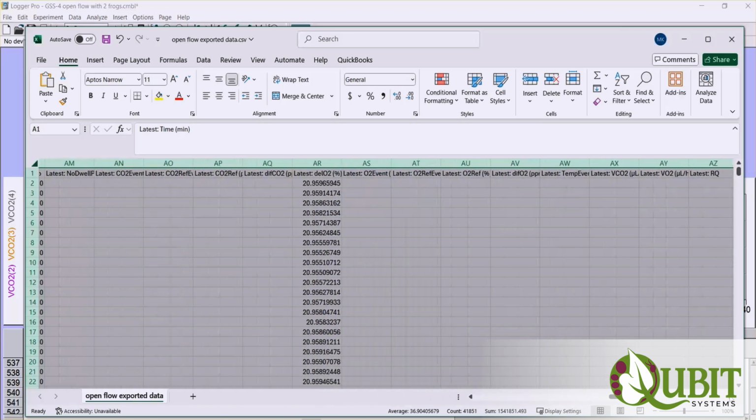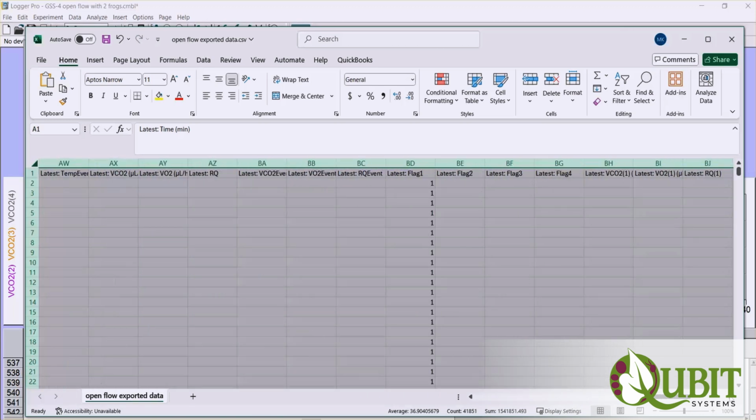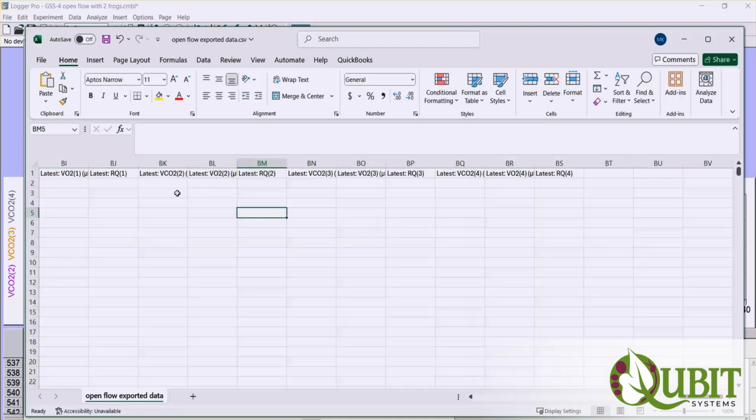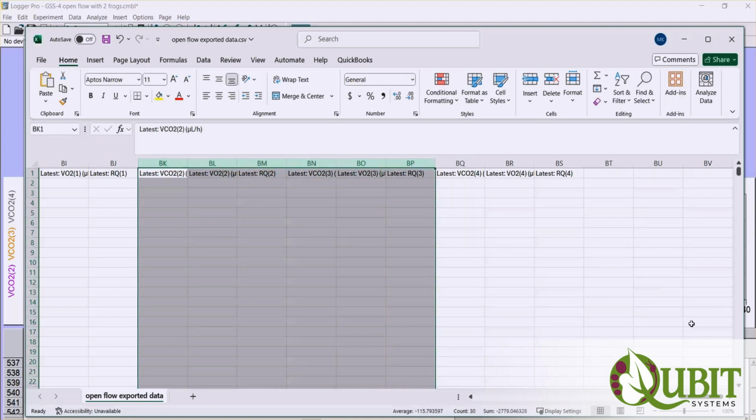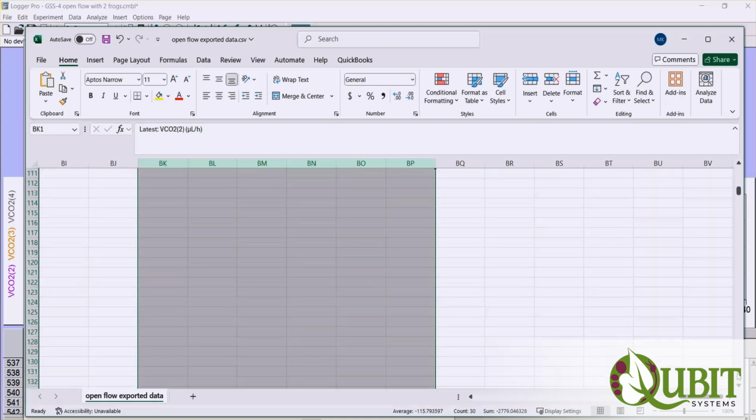All those calculations will come across, and if you scroll right to the end where our channel 2 data and channel 3 data is, you can then do the same thing by scrolling down to find the individual data points. Here are our channel 2 data points, and here are channel 3 data points.